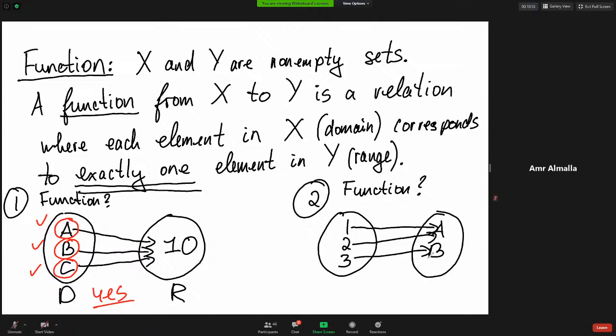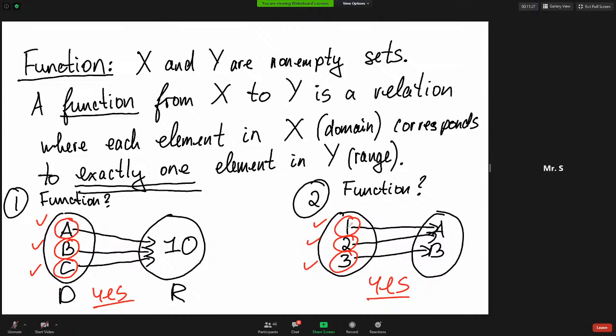Again, look only at your domain. Your domain is what determines whether you've satisfied your definition. If every element has exactly one correspondence, then you have a function. 1 corresponds to a single element, 2 corresponds to a single element, 3 corresponds to a single element. This is still a function.